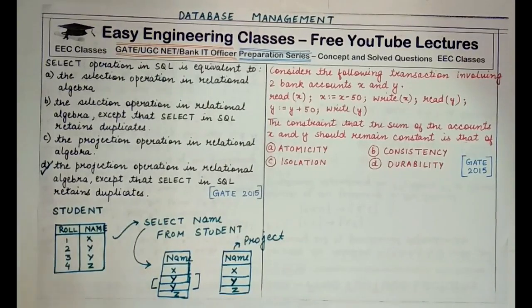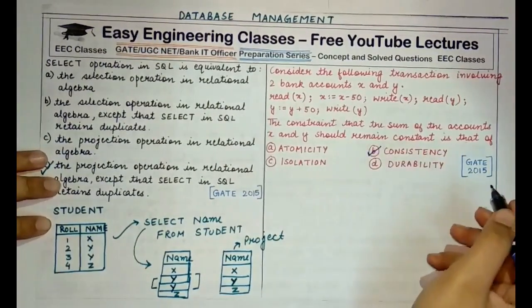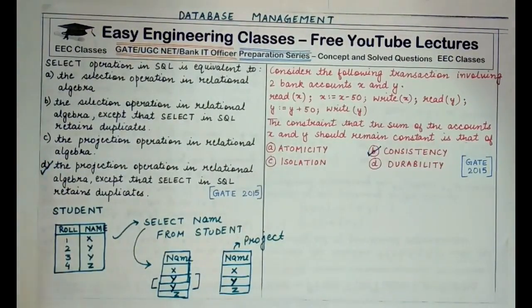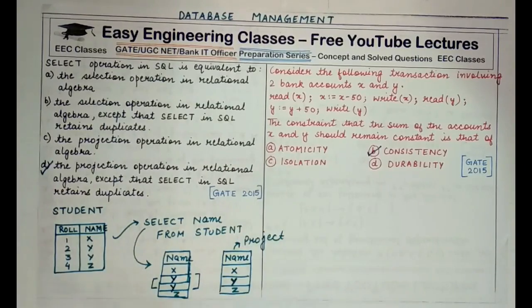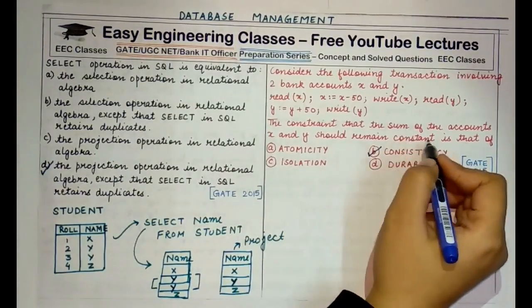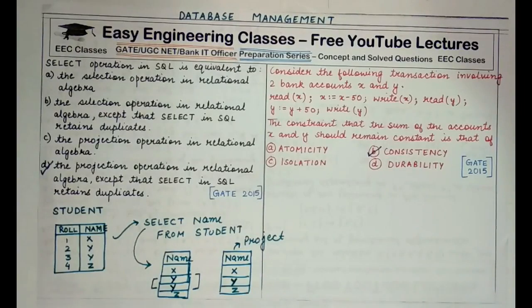So consistency is the correct answer here. And why is it so? Because the rule of consistency refers to the fact that any database transaction must always change the variables in such a way that is allowed by the database. The values of X and Y can only be changed in a manner so that this constraint remains valid even after the transaction has been completed.